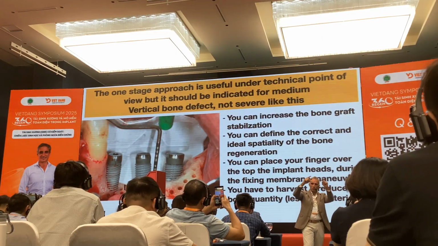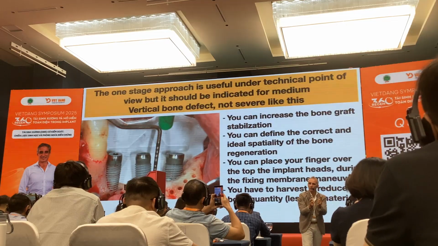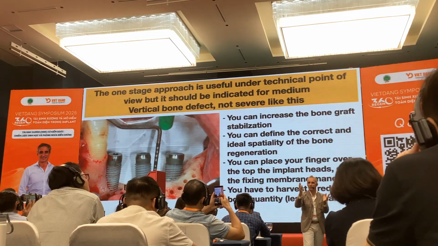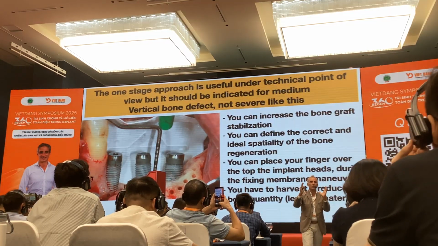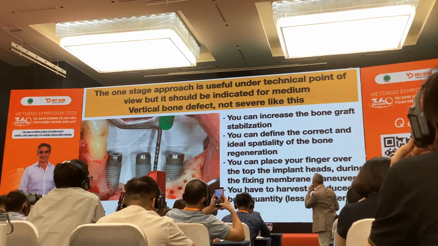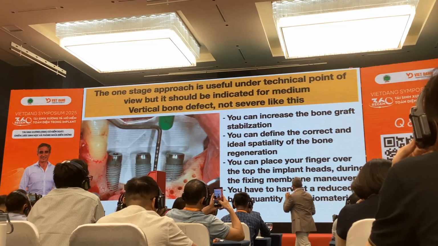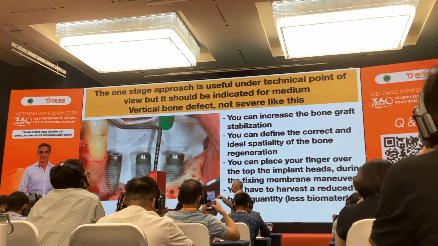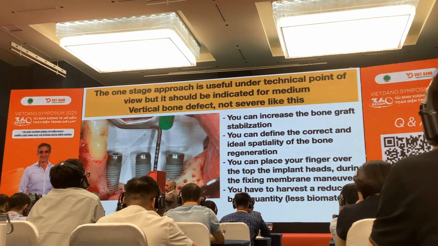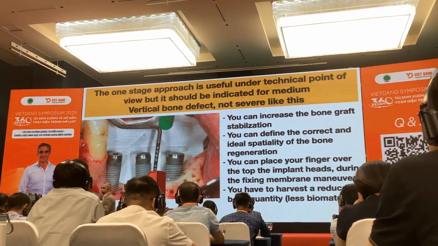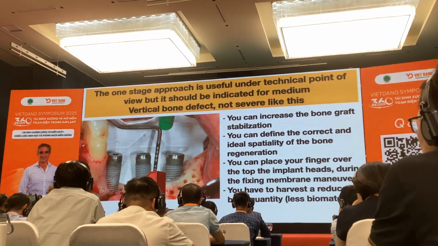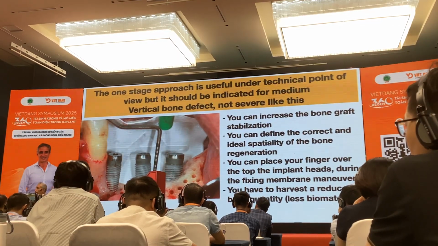Around the implants, we have to regenerate the bone, buccally and equally in a harmonic way. Then you can place your finger over the top of the implant during the stabilization of the membrane. And this is the technical point of view.